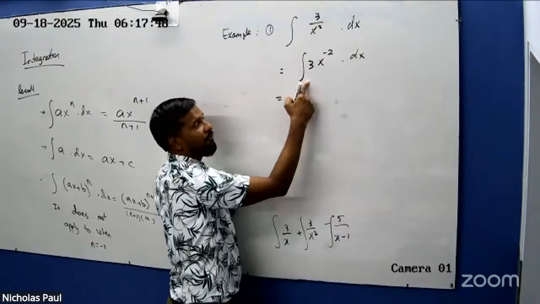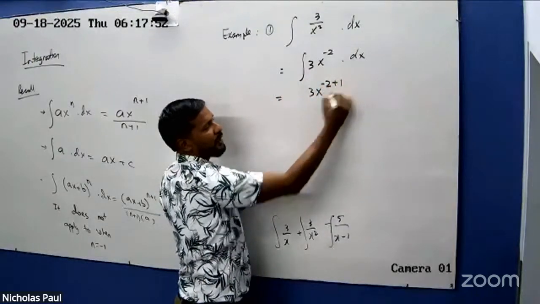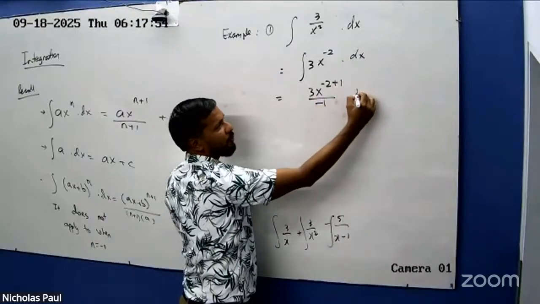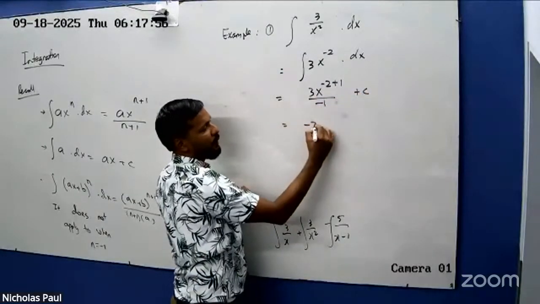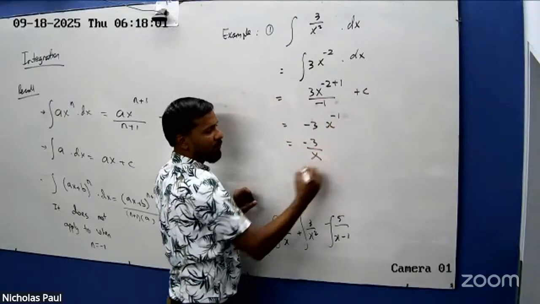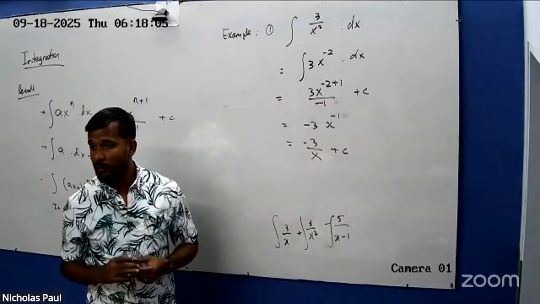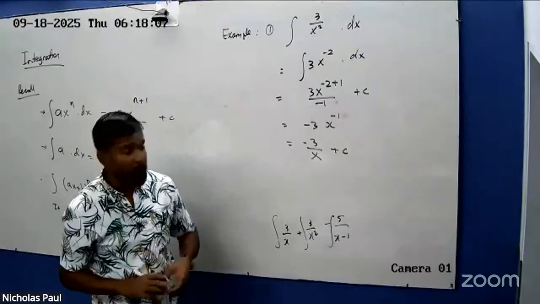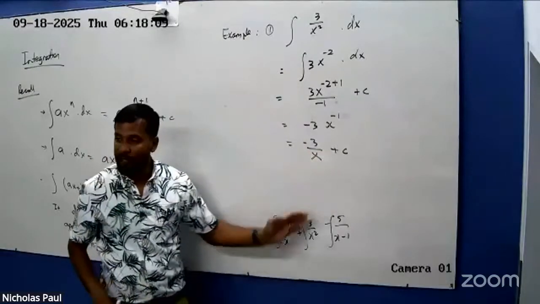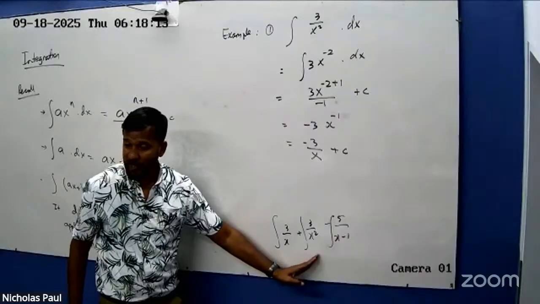So therefore, when you integrate this, you'll get 3x to the -2 plus 1 over -1 plus 0. So you'll get -3x to the -1. You all okay with that? So therefore, we can integrate this. Everybody okay with that?